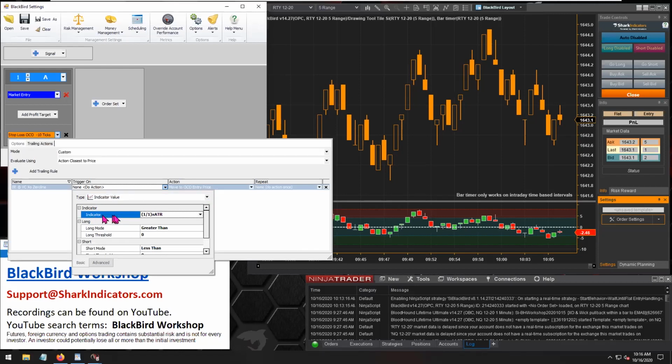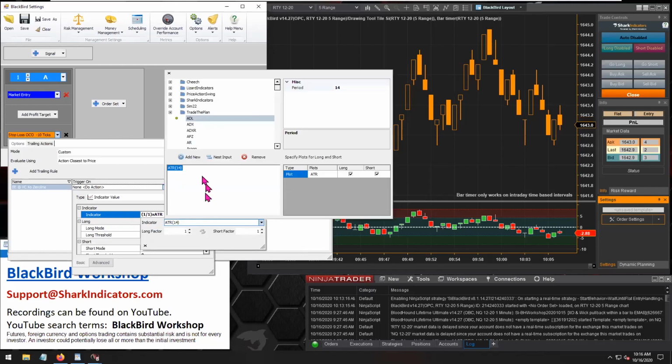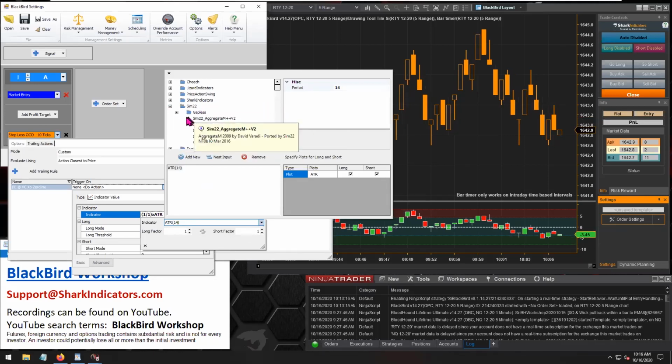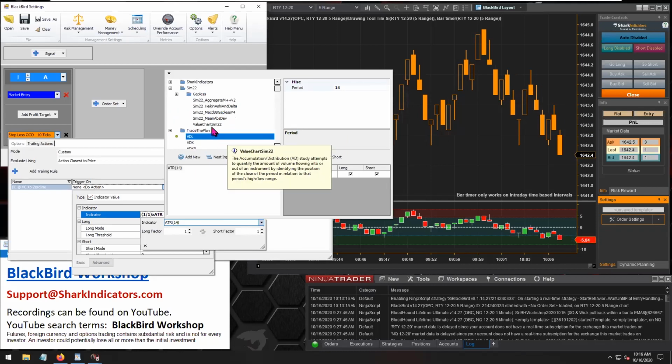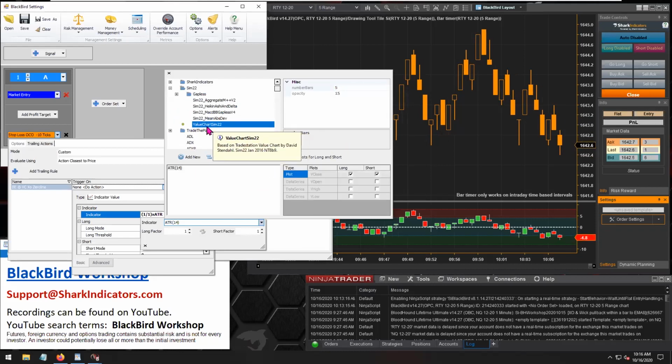And so let's go into the indicator here, and let's replace the ATR. Let's go find this Sim22 indicator here. There we go, so there's our value charts.